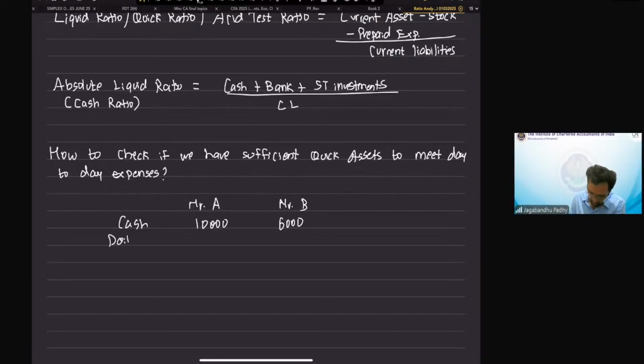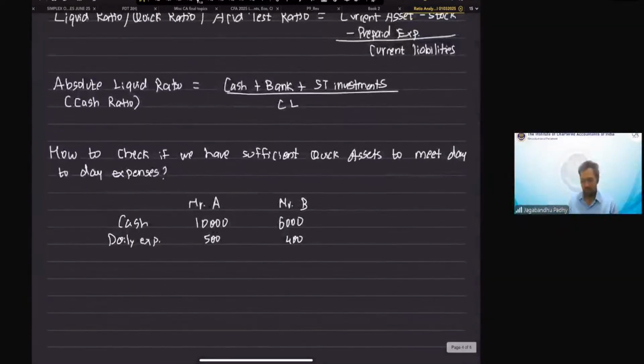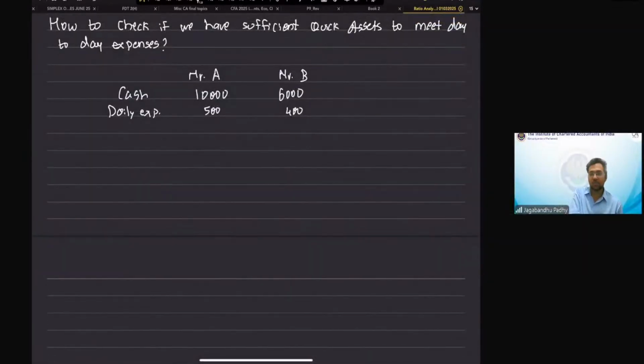And their daily expense: Mr. A has a daily expense of 500, whereas Mr. B has a daily expense of 400. Now if I ask you, out of these two people, who has a cash balance sufficient for a longer tenure?